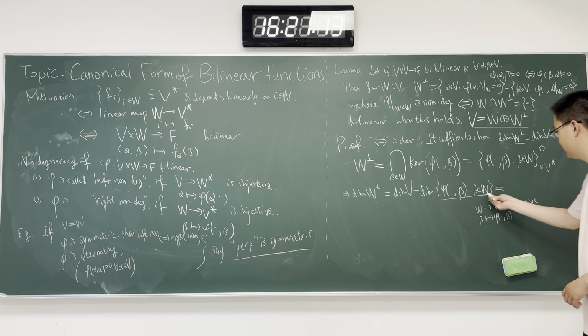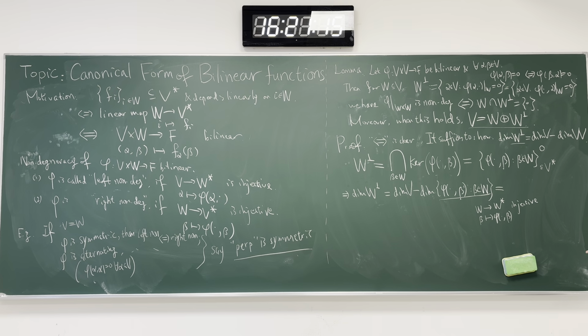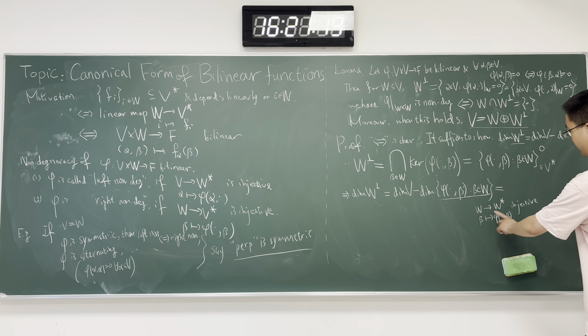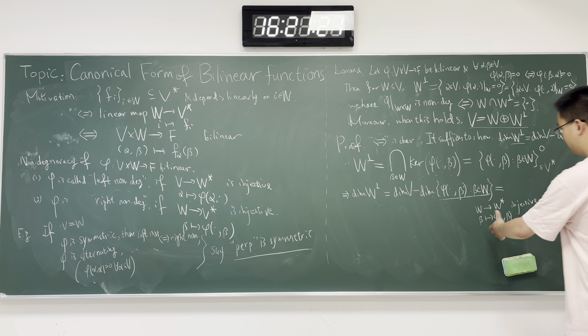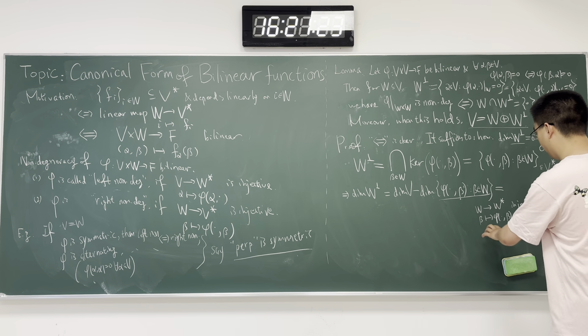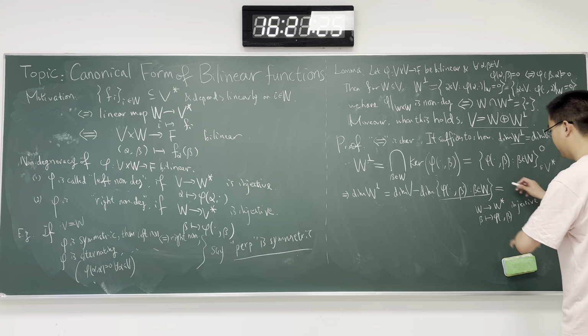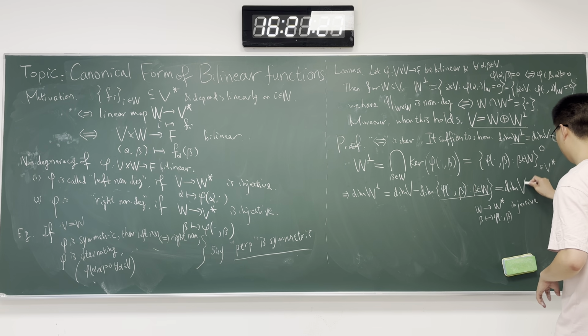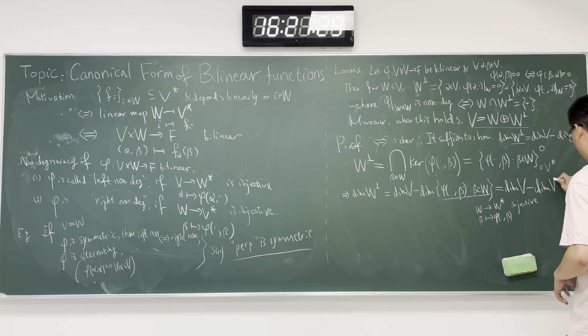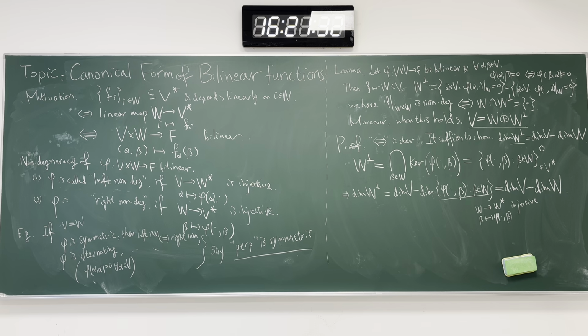So this subspace, now in W star, is just the image of such an injective map. So its dimension just equals that of W. So this finishes our proof. This one is clear if you are familiar with the definition of non-degeneracy.